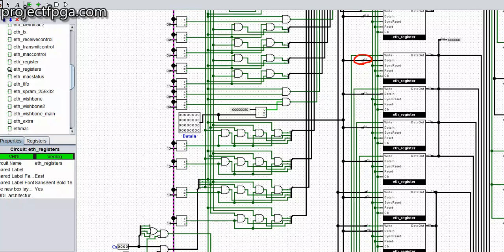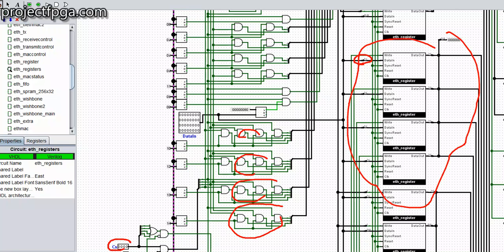And assuming, take for instance, each of these AND comparators represents a group of registers. Take for instance, this is a group of registers. They are 4 in number, so they can share the same address but different chip select, different CS. So it is this CS that comes in here, feeds in through here, and goes to each of these AND gates and chooses which of them we are writing to.